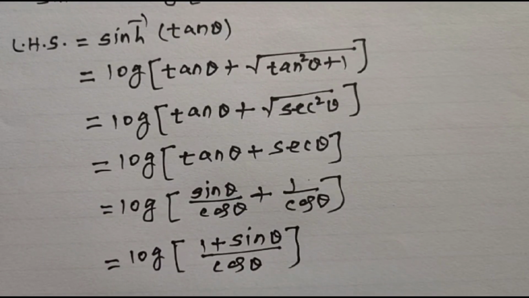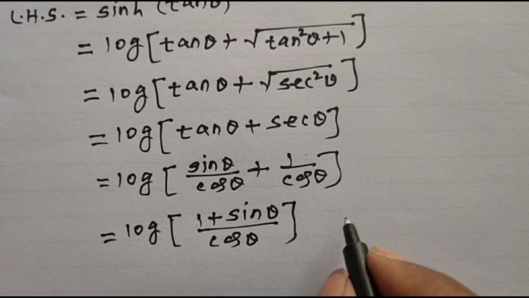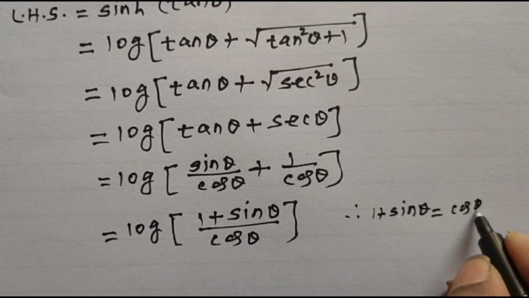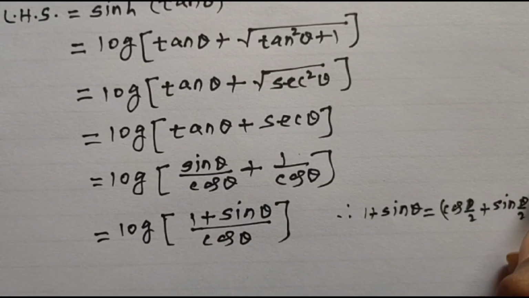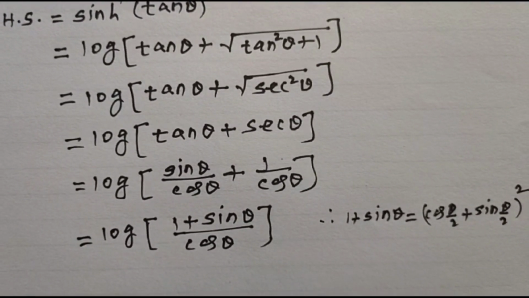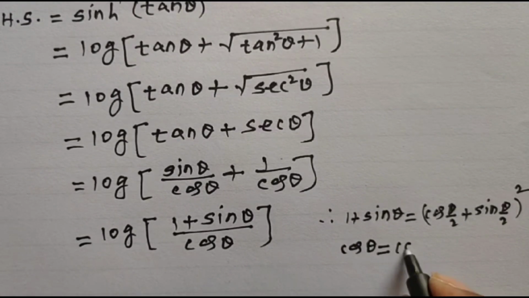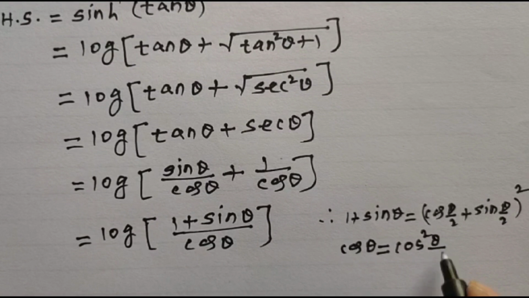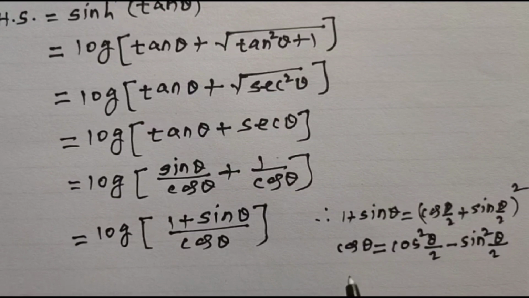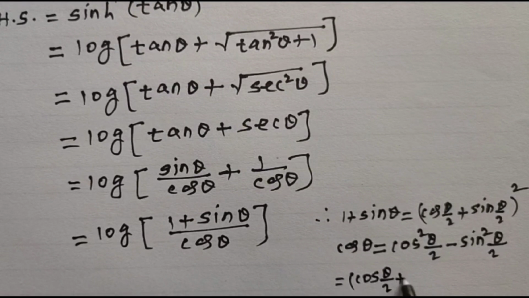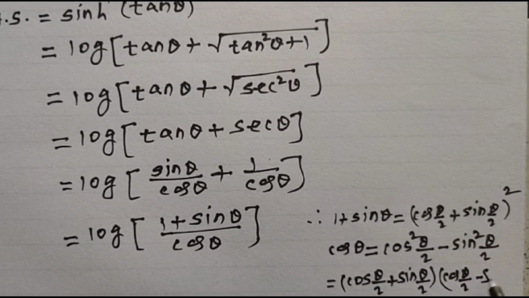Now 1 plus sin theta is equal to (cos theta upon 2 plus sin theta upon 2) squared. And cos theta is equal to cos squared theta upon 2 minus sin squared theta upon 2. So cos theta can be written as (cos theta upon 2 plus sin theta upon 2) into (cos theta upon 2 minus sin theta upon 2).